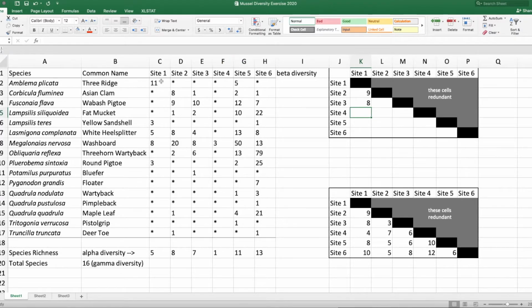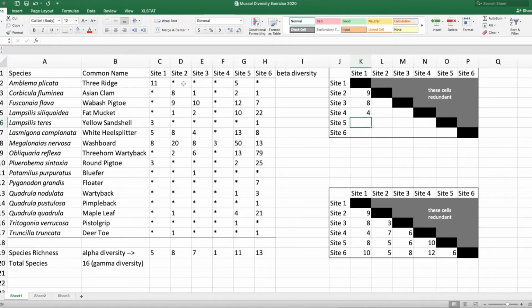Site 1 to 4: 1, so that's not found in site 4, but found in site 1. 2, 3, not this one, 4, and no more. So the beta diversity for site 1 to site 4 is 4 species.